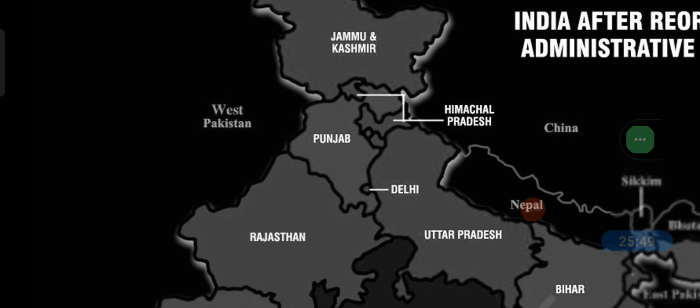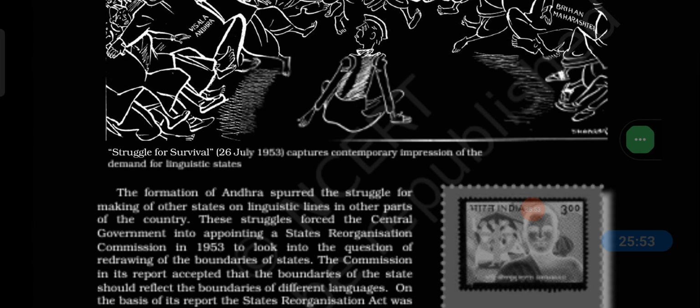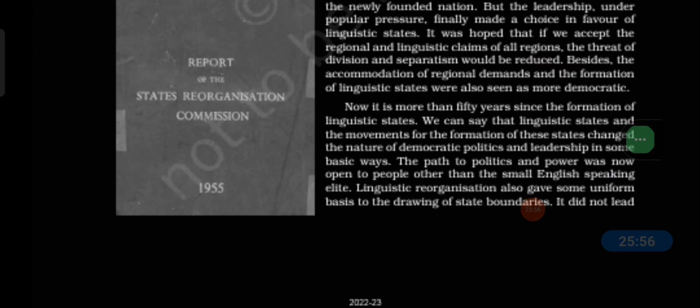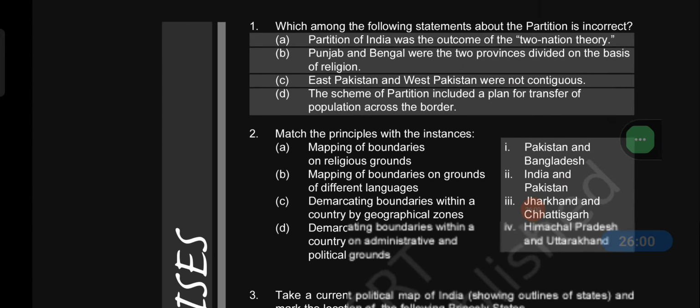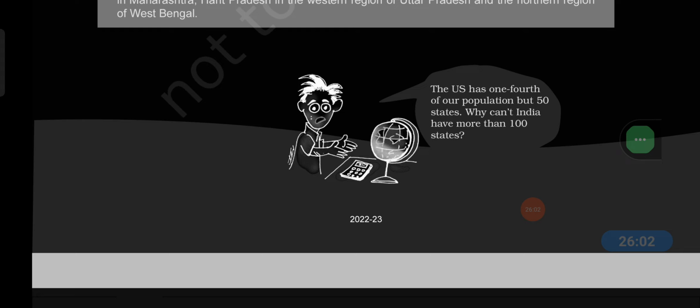So, that chapter is finished. Today's last topic is finished also. In this chapter we discussed what the process of partition of India and Pakistan was, the causes and process, the three or four processes, and also the consequences.